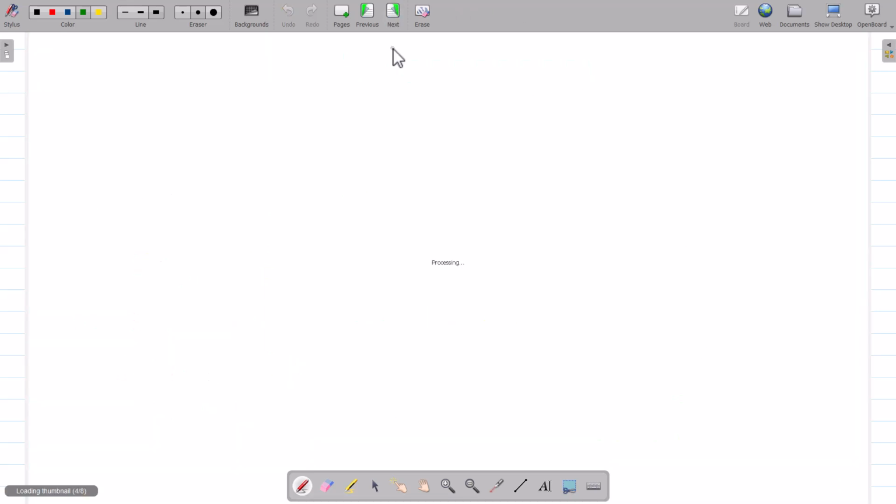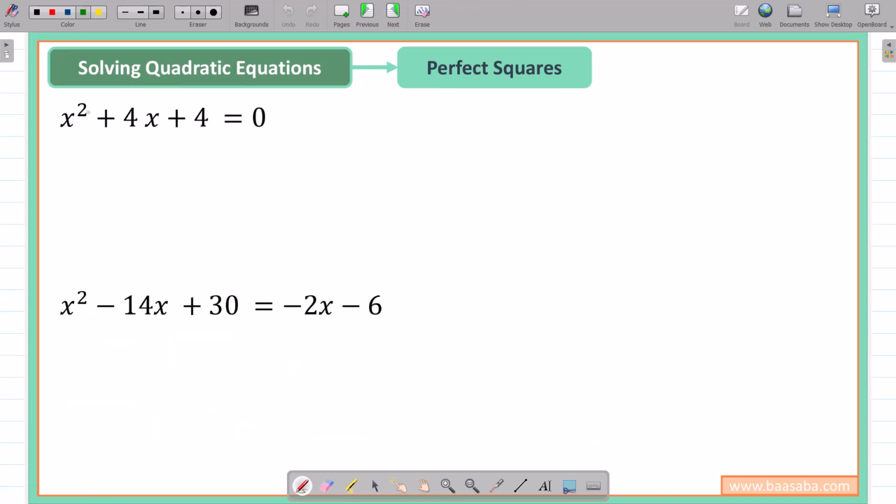Okay, let's do another example. Here is a positive, so I'm going to guess that the one that we're using here is this one, x to the power of 2 plus 2ax plus a to the power of 2. We have this side. We want to make this side. Okay, let's go. Let me compare these two expressions.